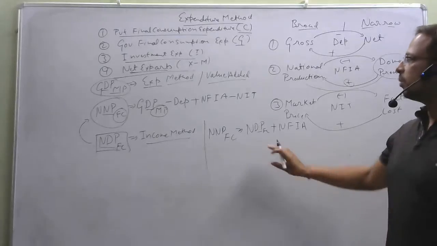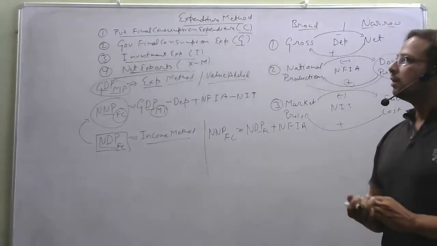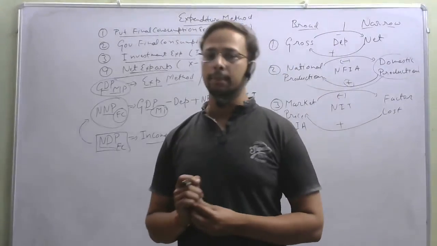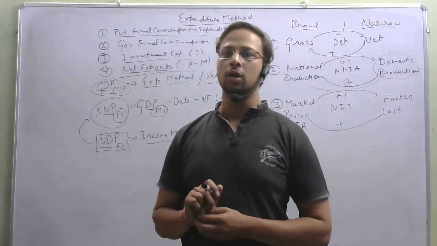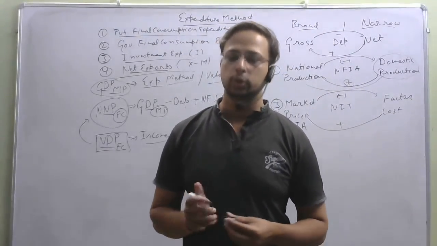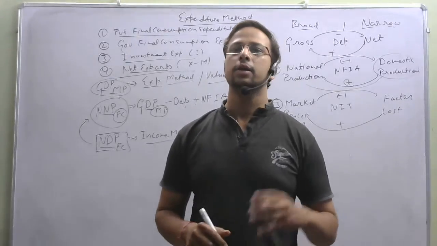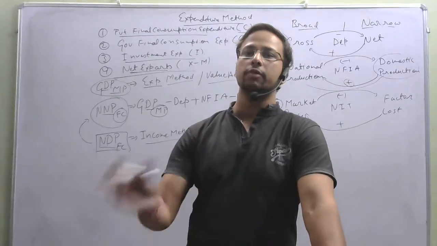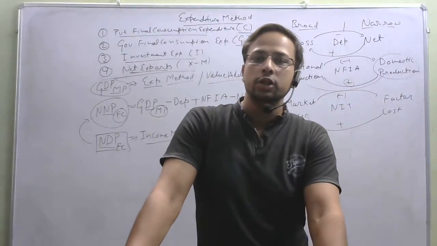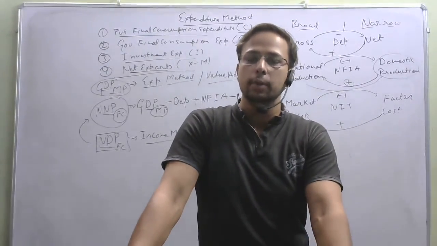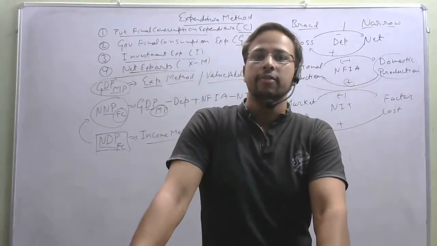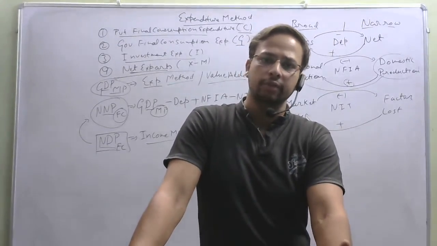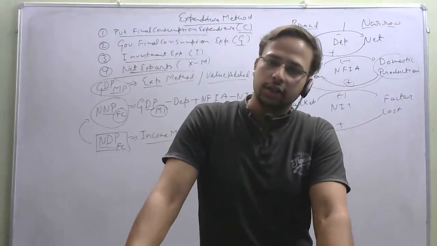And students, you might be confused whether the question is solved by the income method, product method, or expenditure method. For that you need to focus on the elements which are given in the question. If the question is a product method question, then the elements given will be for the product method. If it is the income method, then the elements will be of the income method, and if it is expenditure, then we will get elements of the expenditure method.